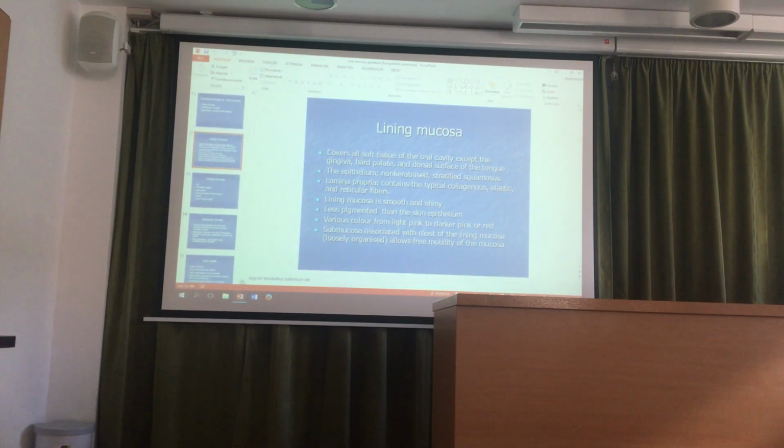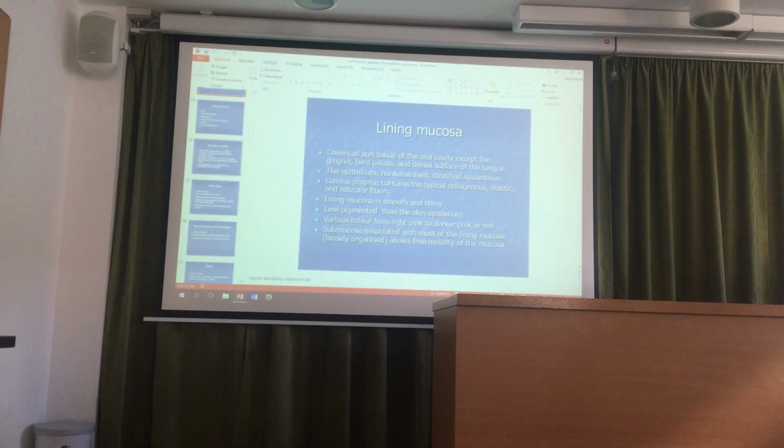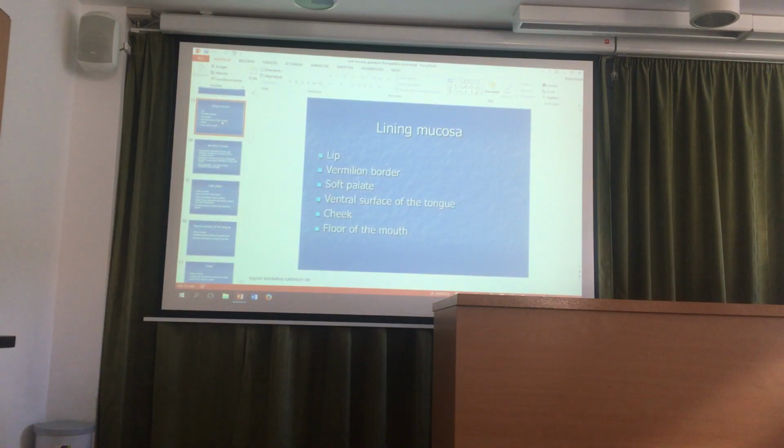Let us see where you can find lining mucosa. We were talking about the masticatory mucosa you can find in the gingiva. The dental arch is covered by this gingiva, and also the hard palate. But the lining mucosa you can find in the lip, the vermilion border, the soft palate, the ventral surface of the tongue, the cheek and the floor of the mouth.